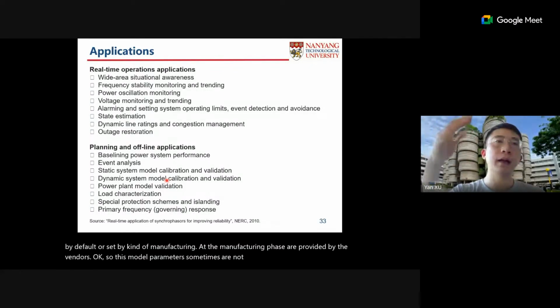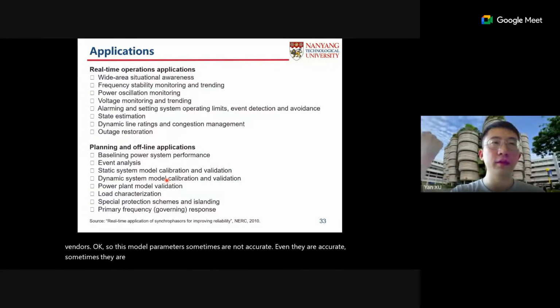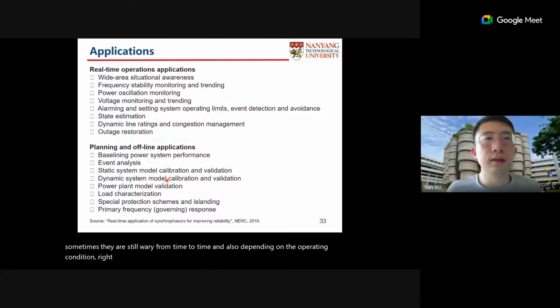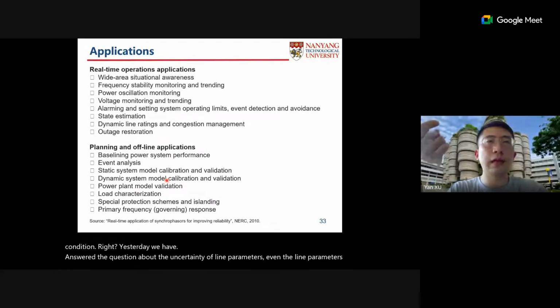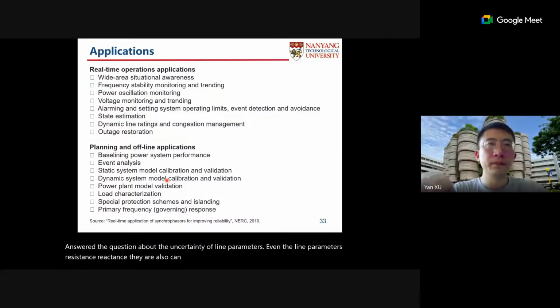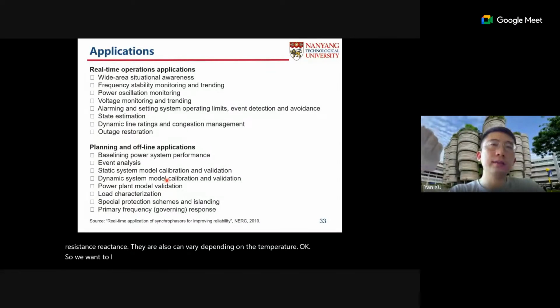Even if they are accurate, they still vary from time to time, and also depend on the operating condition, right? Yesterday, we answered the question about the uncertainty of line parameters. Even the line parameters, resistance and reactance, are also time varying, depending on the temperature, okay? So we want to calibrate and validate these parameters.